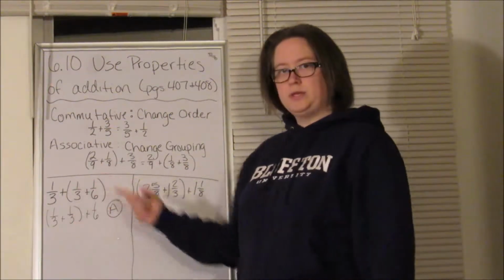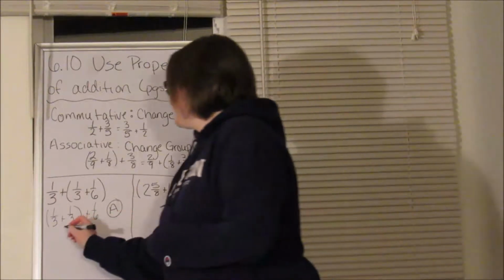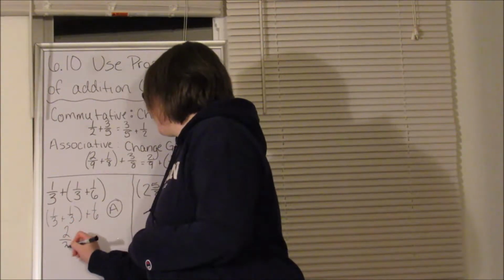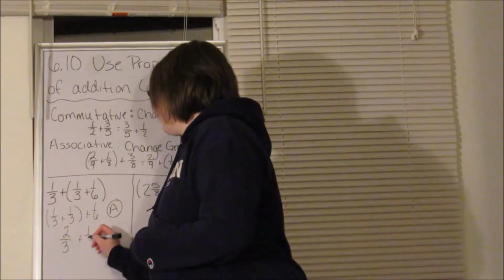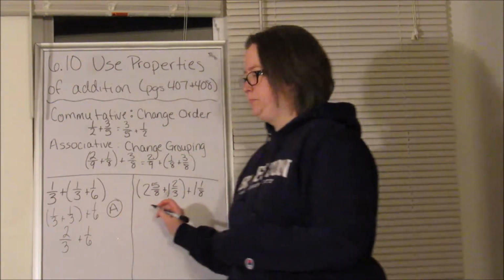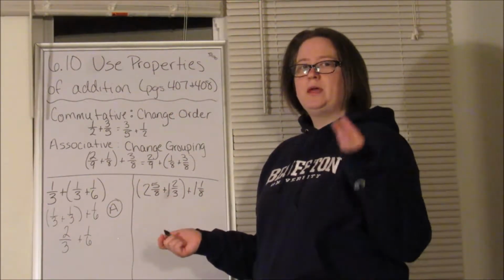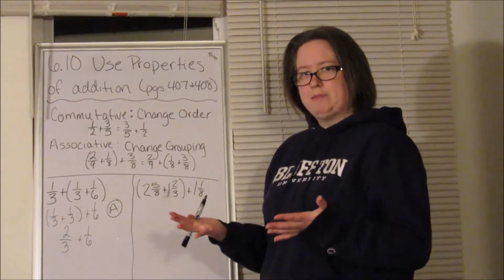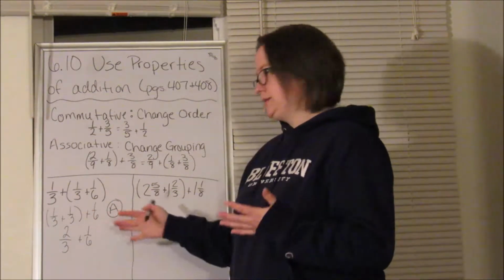So now 1/3 plus 1/3 equals 2/3, plus 1/6. Now, in order to add these two, I now have to find my common denominator, which between 3 and 6 is 6.